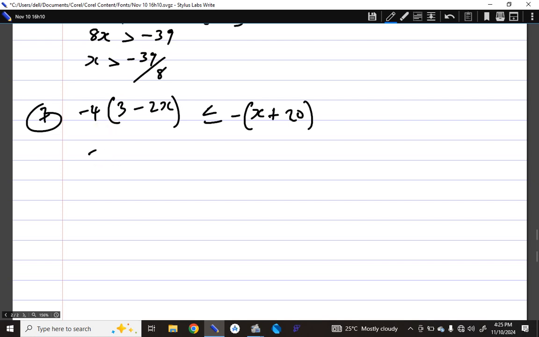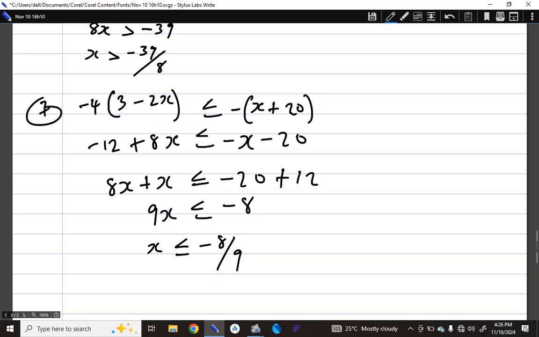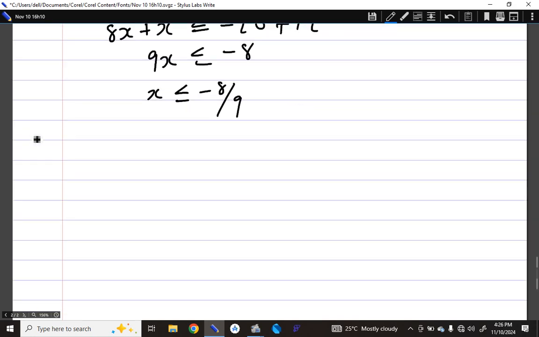This will give me minus 12 plus 8x is less than or equal to minus x minus 20. So 8x plus x is less than or equal to minus 20 plus 12. So 9x is less than or equal to minus 8. Therefore x is less than or equal to minus 8 over 9. Very simple. We go to the next question, question number 8.